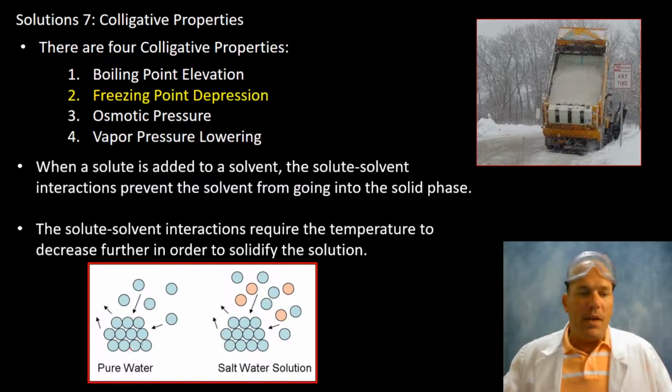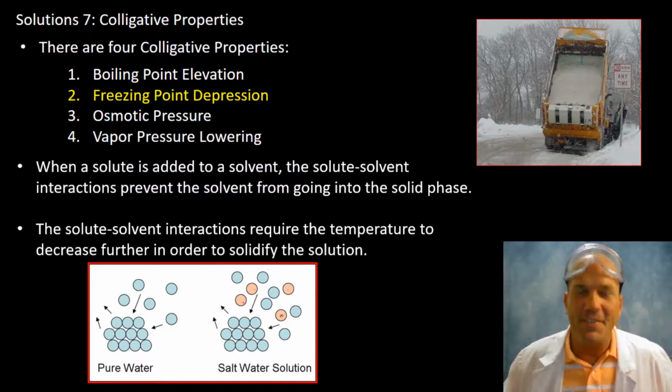So this is a very simplified lattice, okay? And we have it freezing, and these are liquid water. Well, when we mix these solutes in here, like salt, you can see now we have more water remaining in the liquid phase, okay?